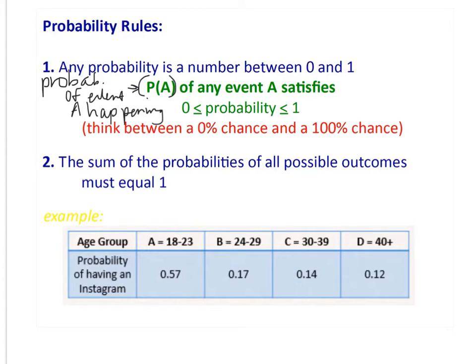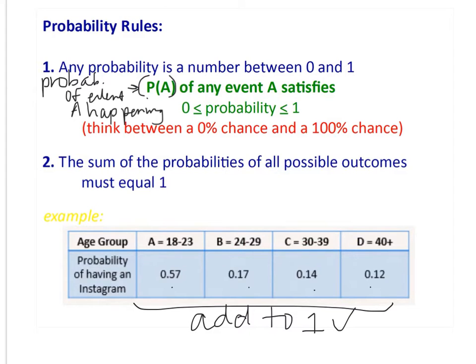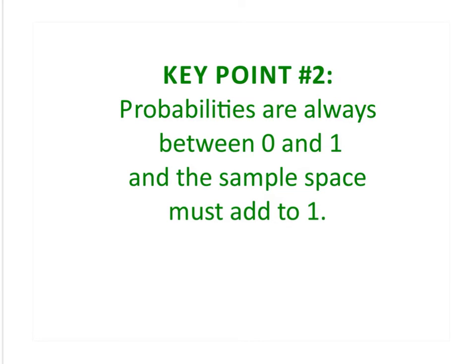So if we add up all these numbers, we see that they add to 1. So that's a little check mark. And they're all in between 0 and 1. So they're always going to be some proportion between 0 and 1, and they'll always add to 1 in your table. So key point number 2, probabilities are always between 0 and 1, and the sample space must add to 1.